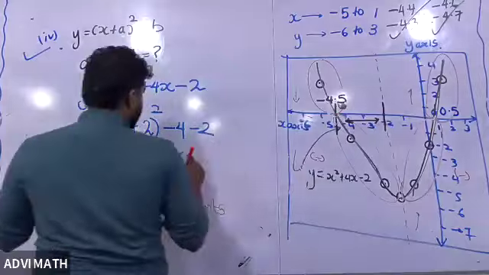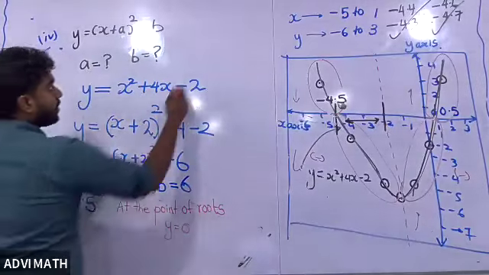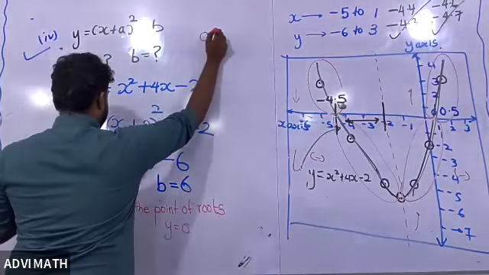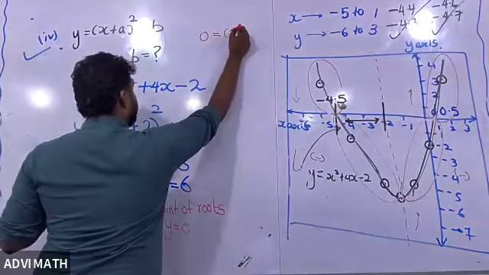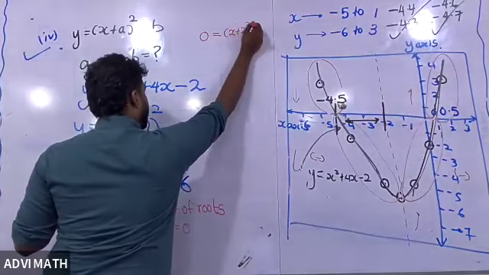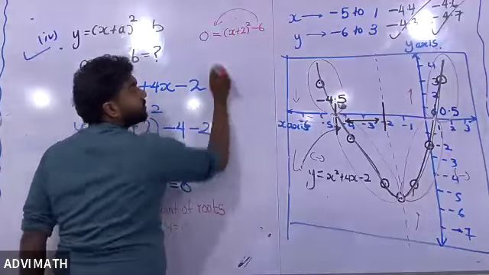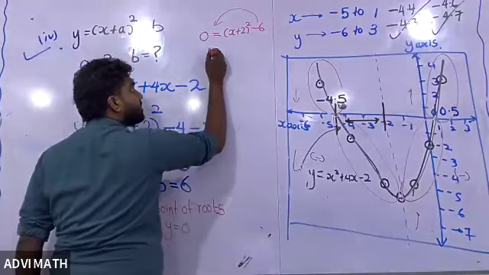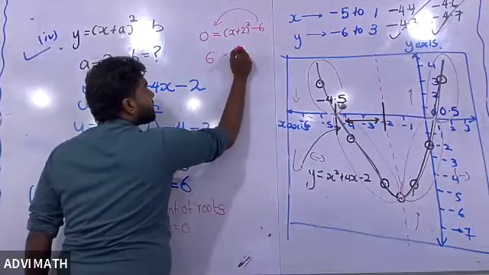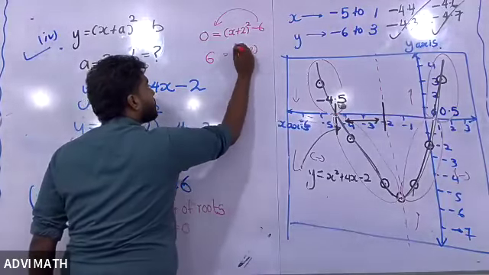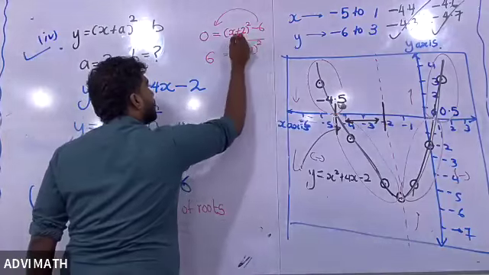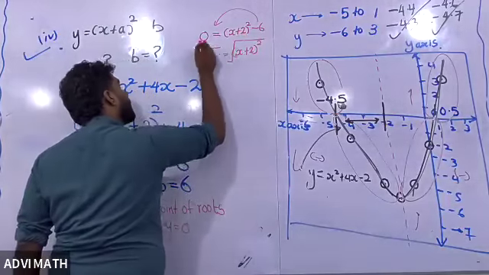I substitute. I have the equation 0 is equal to (x plus 2) whole thing squared minus 6. Bring 6 to the other side. Minus 6 comes across and it becomes plus 6. (x plus 2) whole thing squared. Square root on both sides.